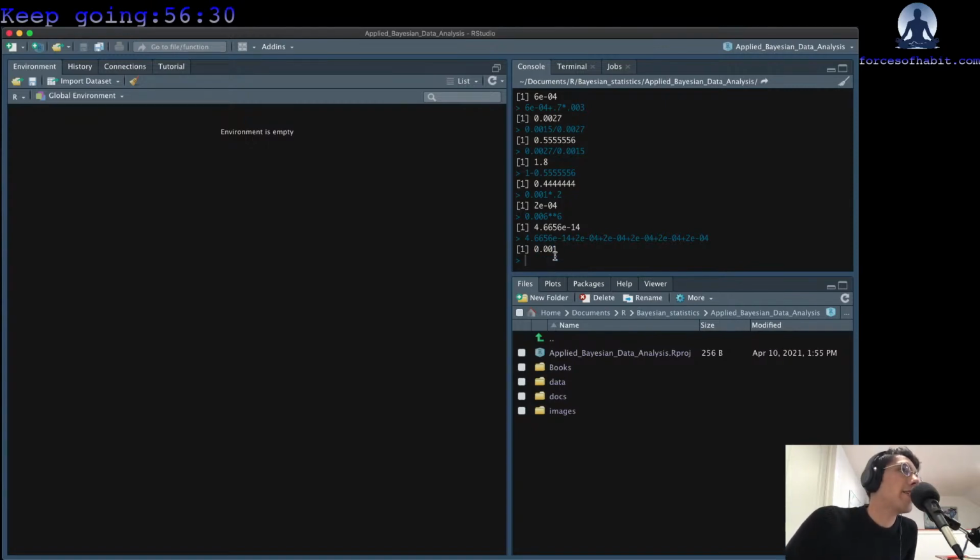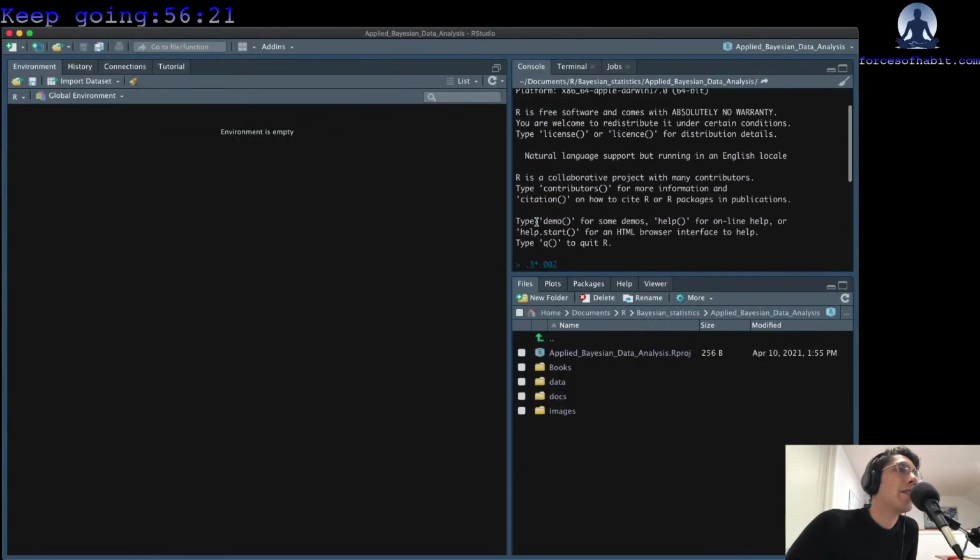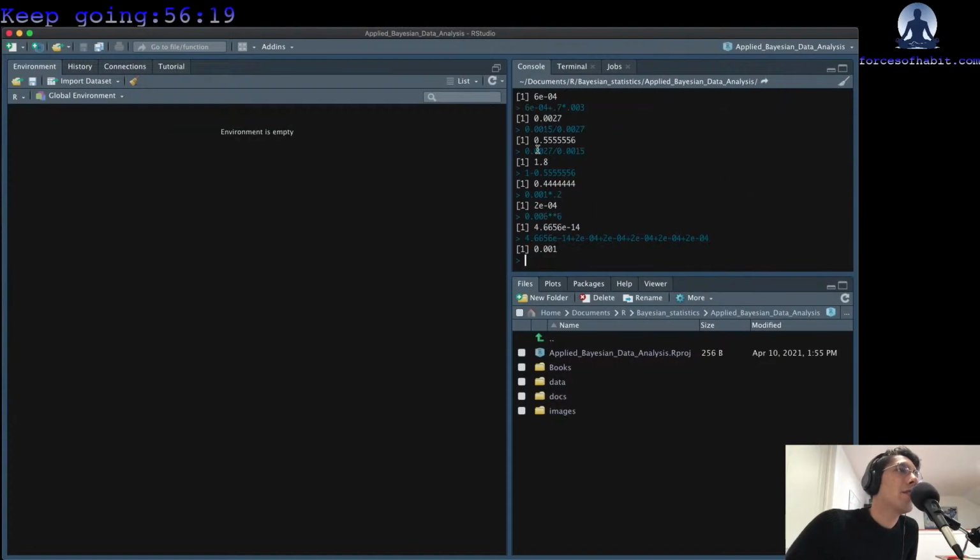The general point here is this: as it says, the first two models we had, what was it? Here, and now we're getting 0.001. So we're being penalized for complexity.